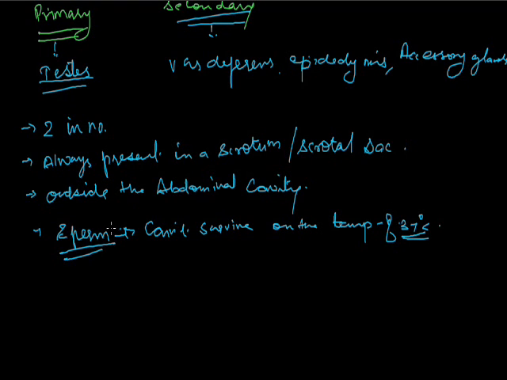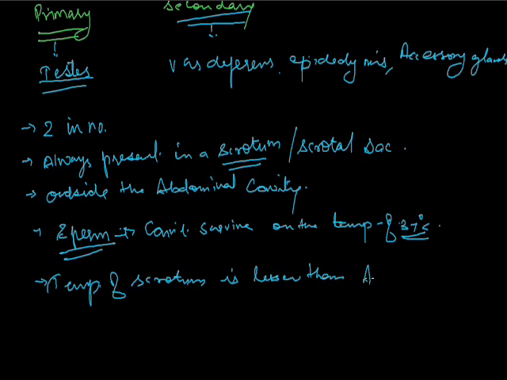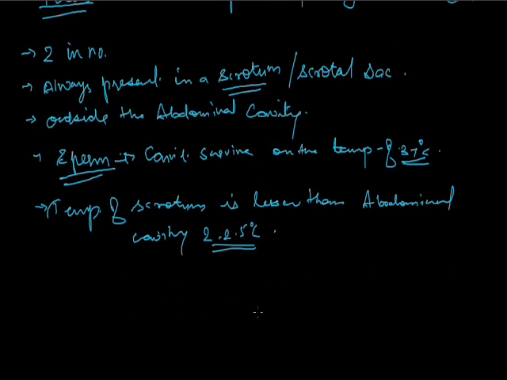So to make them survive, there is an adaptation: the scrotal sac is present outside the abdominal cavity. The temperature of the scrotum is lower than the abdominal cavity by 2 to 2.5 degrees Celsius. So if our body temperature is 37 degrees Celsius, the scrotal sac will be at about 35 degrees Celsius, and at that temperature the sperms can easily survive. That is why it is present outside.